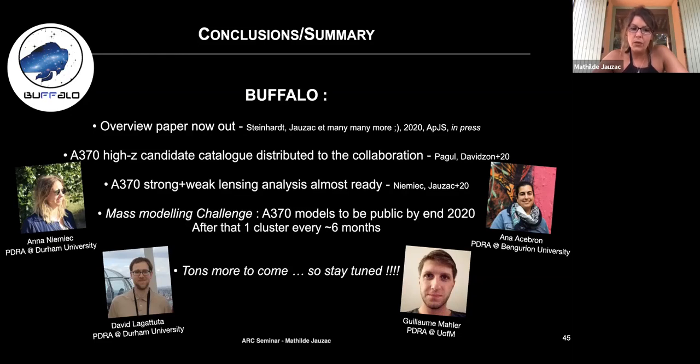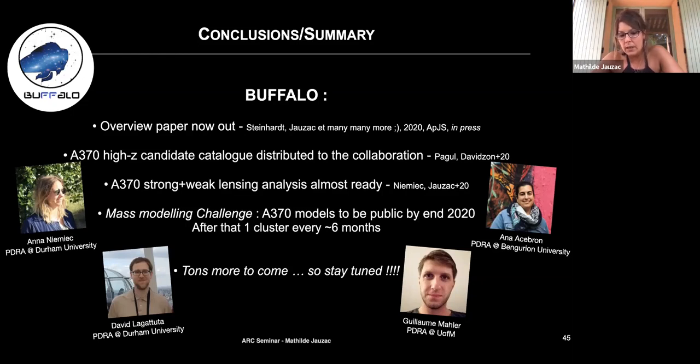We're working on the first cluster, Abell 370, that was fully observed. We have the first high redshift candidate catalog that has been distributed. Anna is finalizing the strong plus weak lensing analysis of Abell 370, and with that, all the pipeline and the machinery, so we can run everything automatically on the other clusters. And the mass modeling challenge will provide the models for Abell 370 by the end of this year.